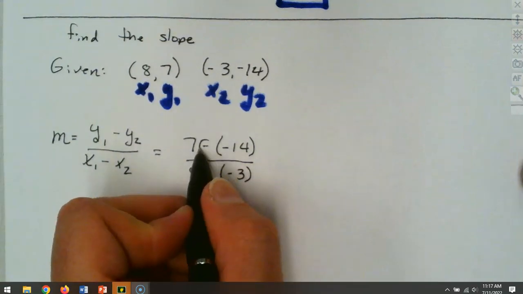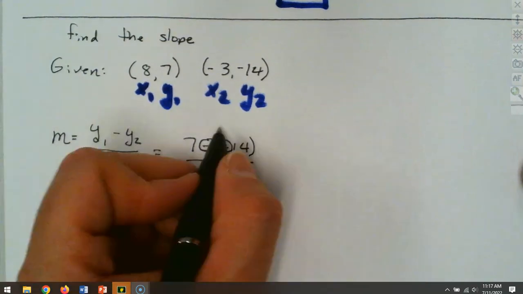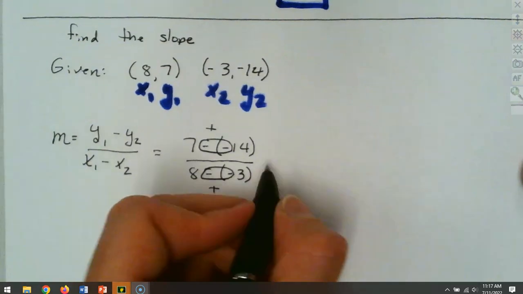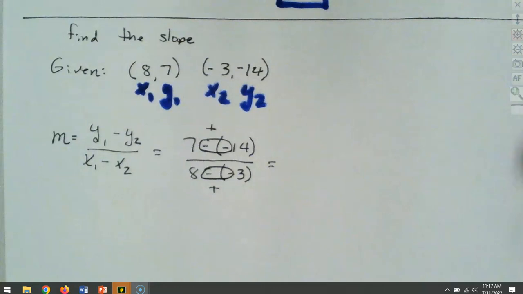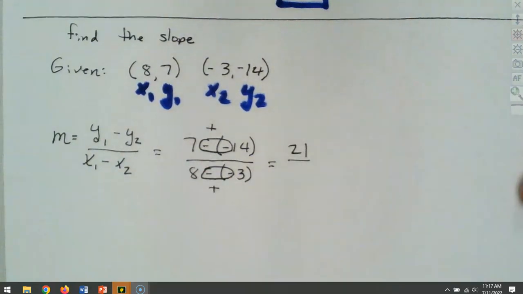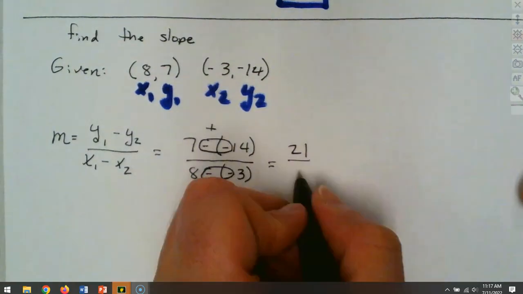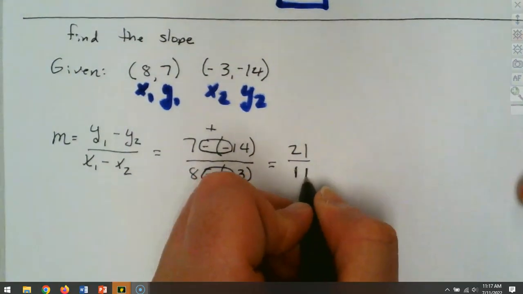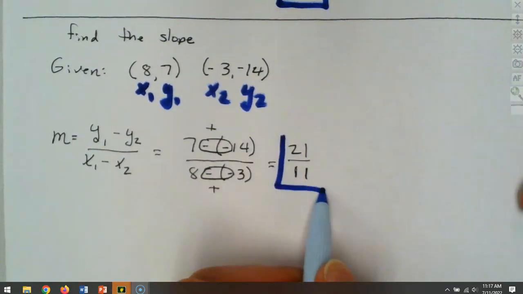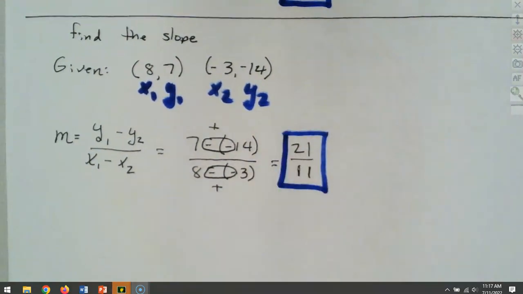So be very careful with the double negatives. That makes that positive here, and also here. 7 plus that 14, that should make it a 21. And 8 plus 3 makes it 11. So there's your slope, and your slope is 21 over 11.